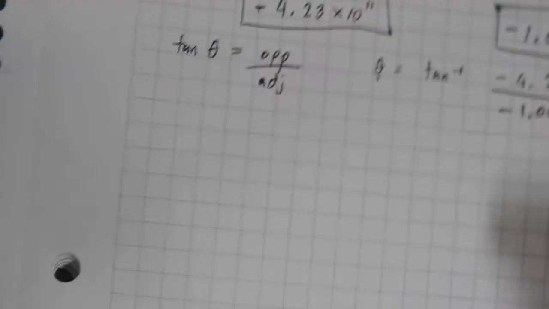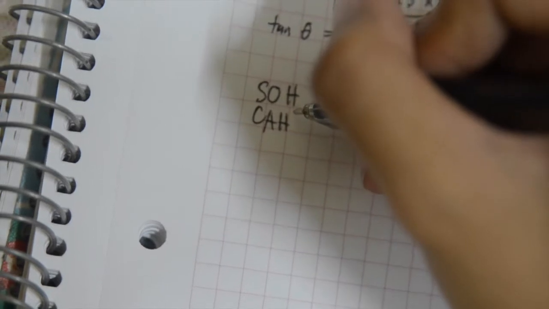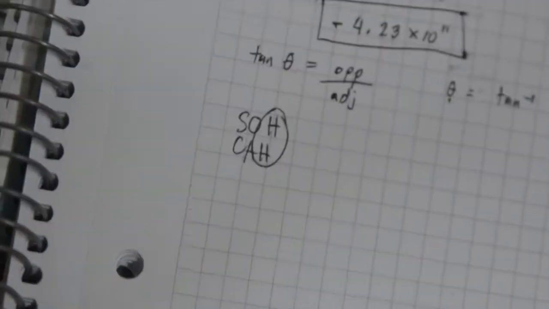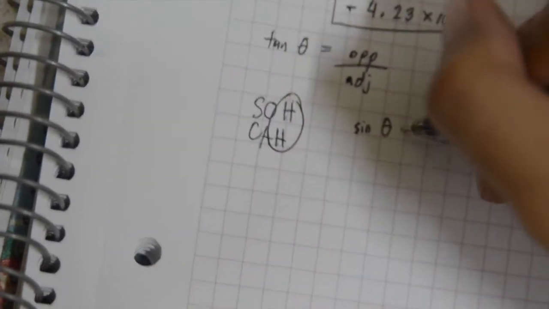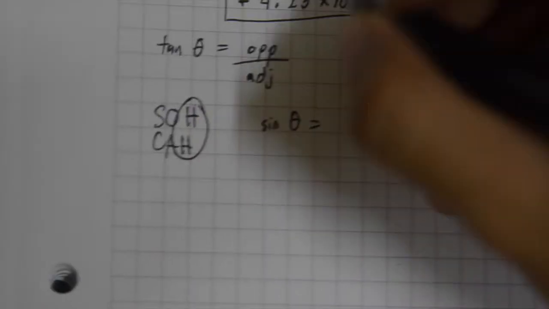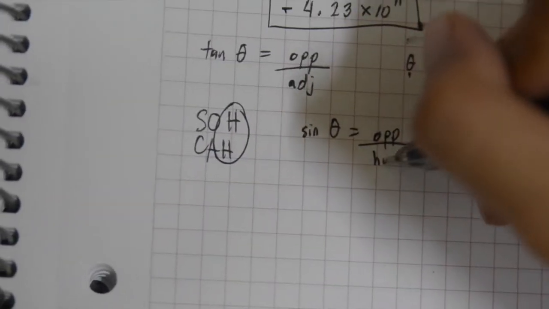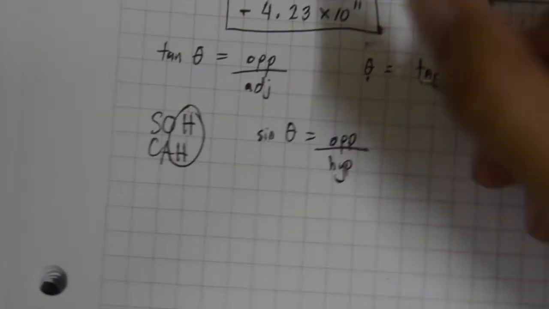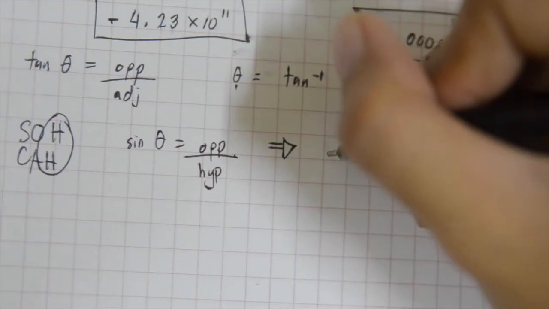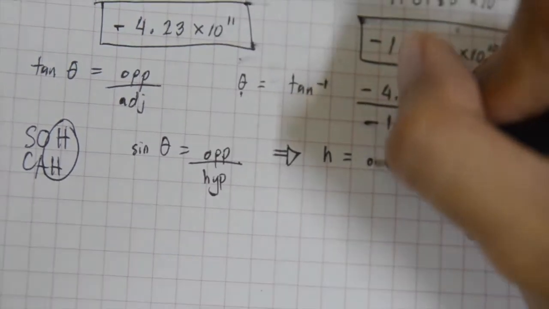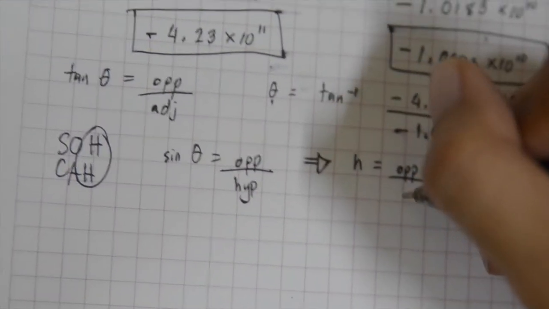Now we can look for the hypotenuse. As previously stated, we can use SOH CAH TOA or Pythagorean. The important thing is that the H is there. I just prefer SOH. So sine theta is equals to opposite over hypotenuse, right? Let's manipulate that, and we'll get the formula H is equals to opposite over sine theta.